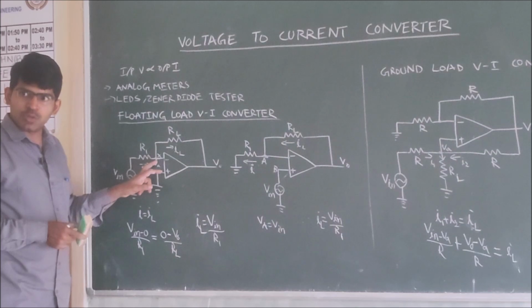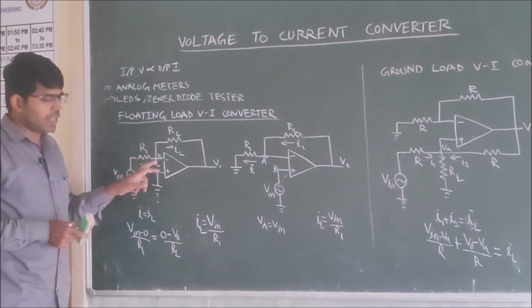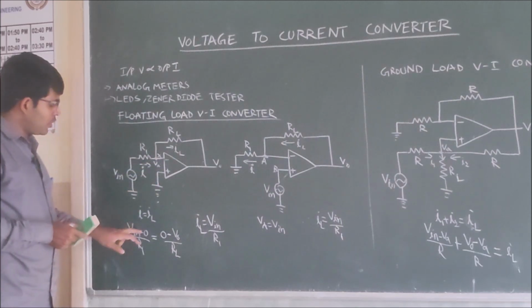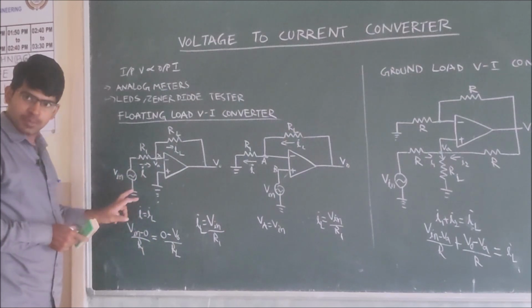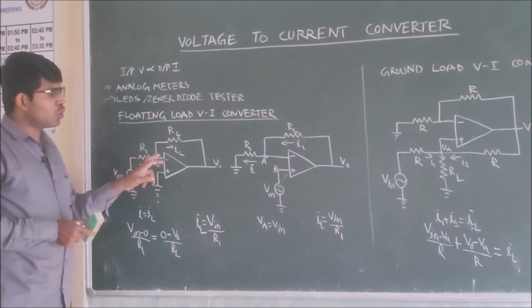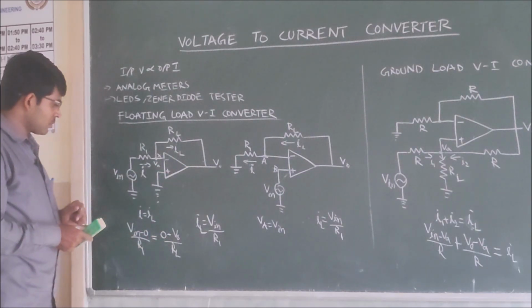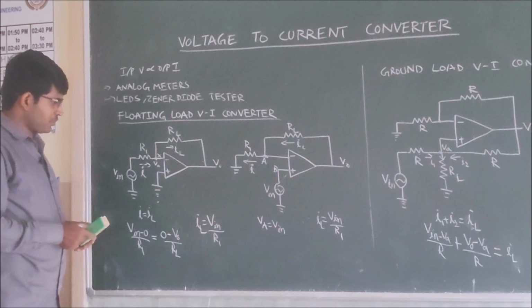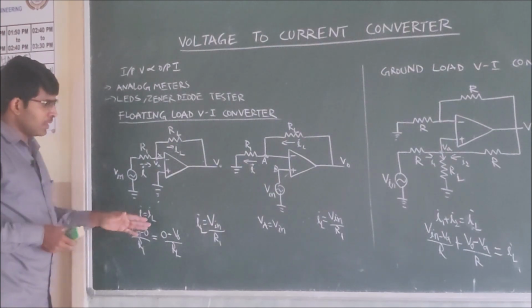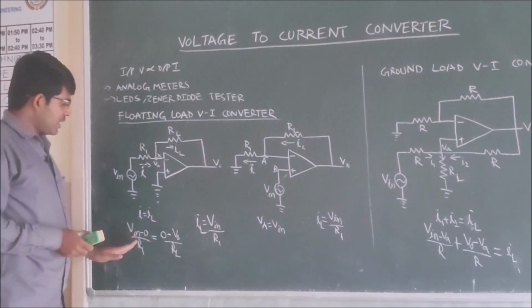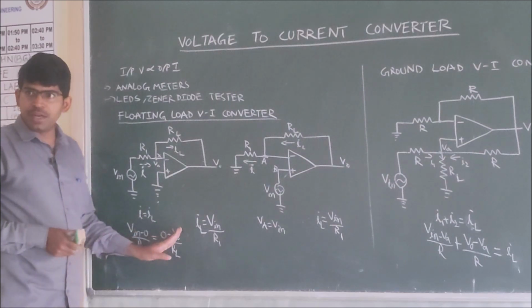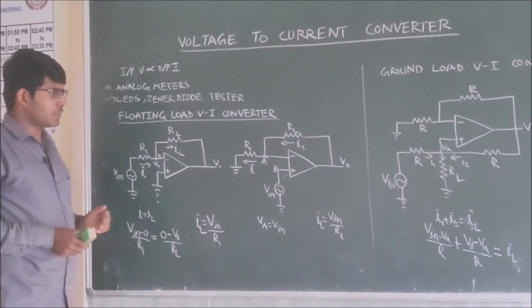With the concept of the virtual ground, VA is 0. Therefore, Vin minus 0 by R1 is equal to 0 minus Vo by RL.